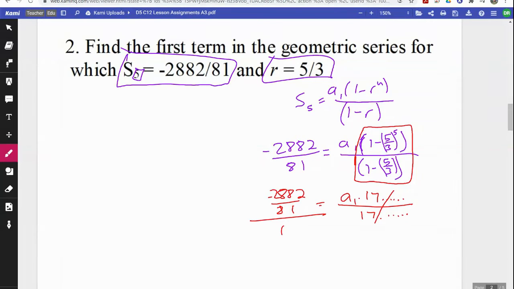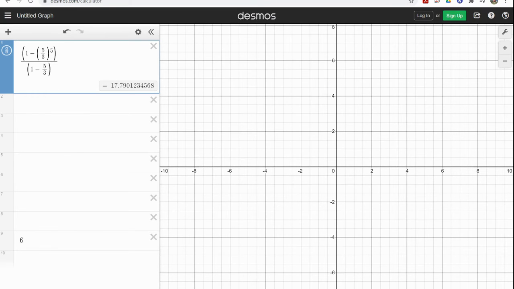So divided by 17. I put those dots there just indicating I'm not just taking some decimal. I'm taking the exact number that the calculator is giving me. So I get 17.79, whatever.